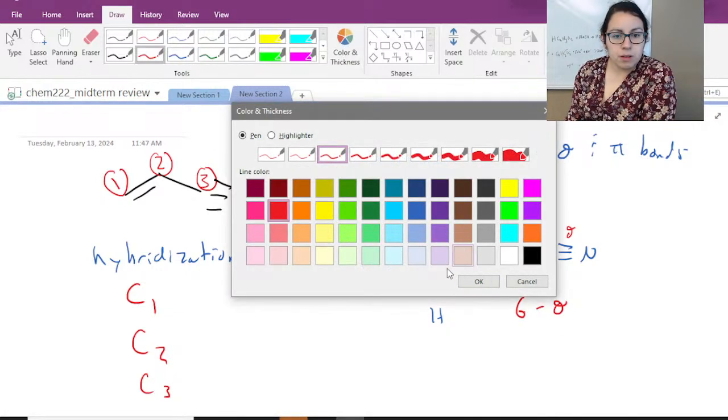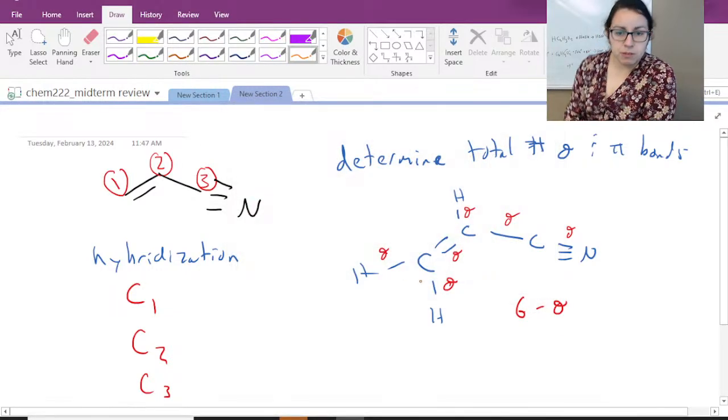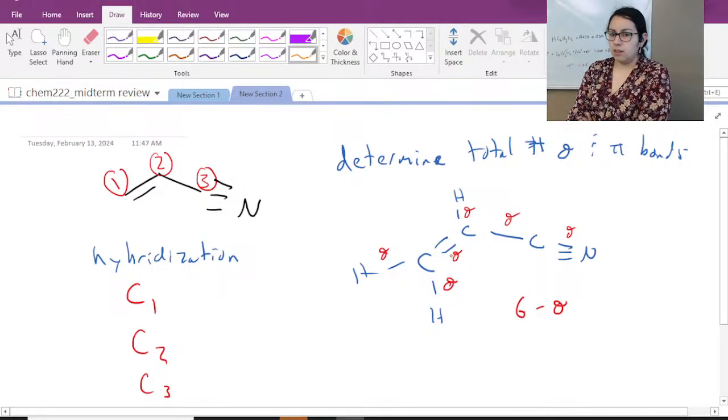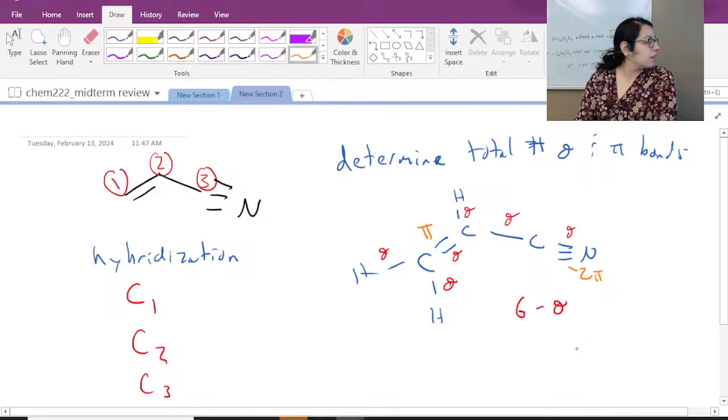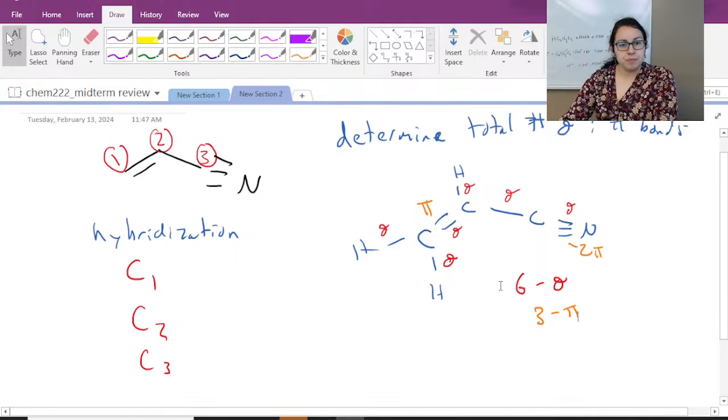What about our pi bonds? How many pi bonds are we left with? So 3. Is that what everybody got? That sounds good. That's just going to be your double and triple bonds. And it looks like Chet has the same answers as well, so that looks good on everyone's end.